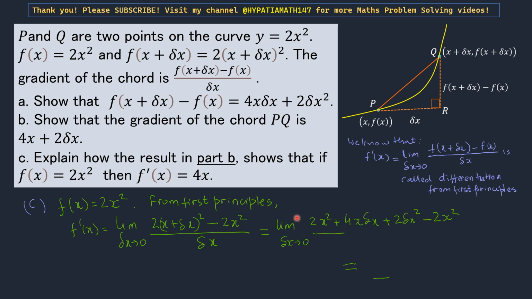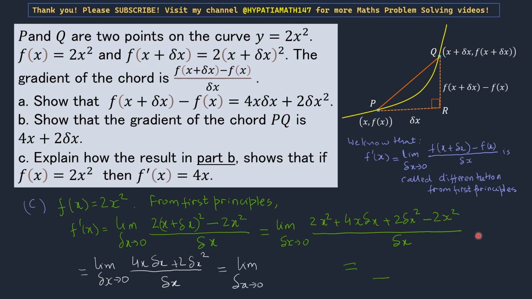Simplifying, you get the limit as delta x tends to 0 of 4x delta x plus 2 delta x squared out of delta x, because the 2x squared and 2x squared get cancelled. Then that equals the limit as delta x tends to 0 of 4x plus 2 delta x, and that is equal to 4x, and that is the answer, because delta x tends to 0.